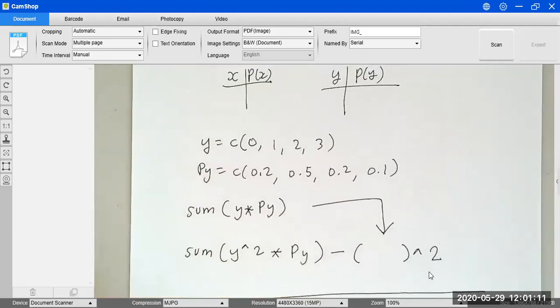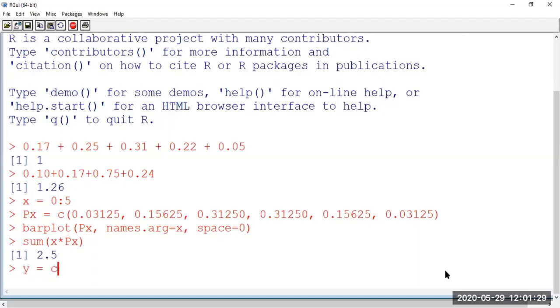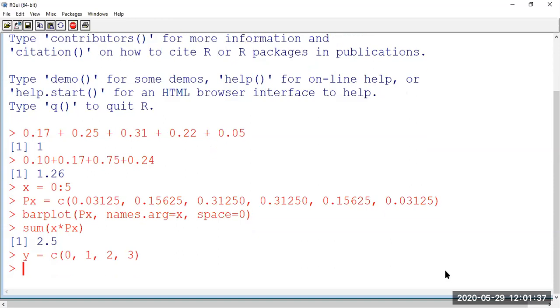So let me just enter this information into R to finish this program and to assign you some work to do. Let's go and check R. We're going to start with y now. y is a collection of values 0, 1, 2, and 3, or you can use 0 colon 3.